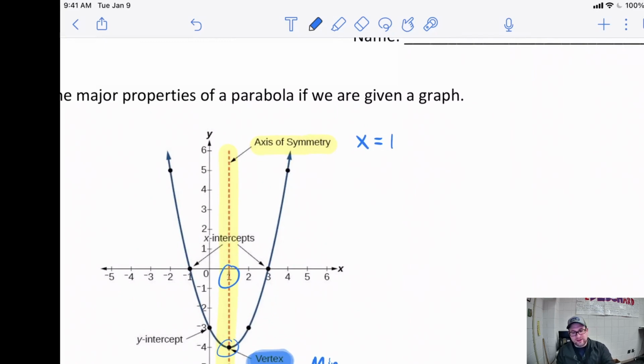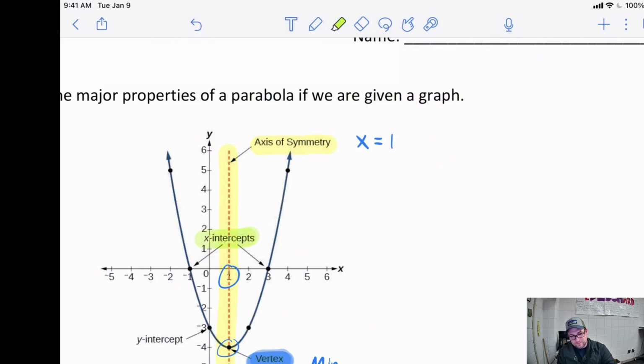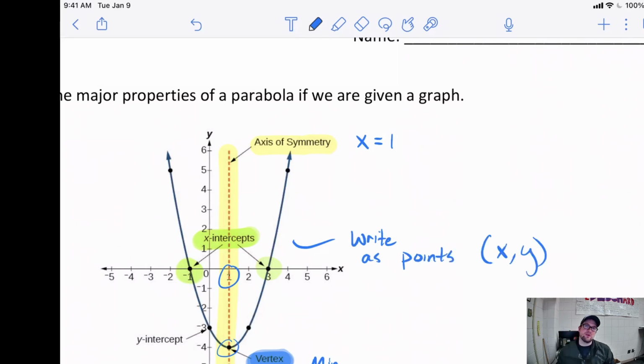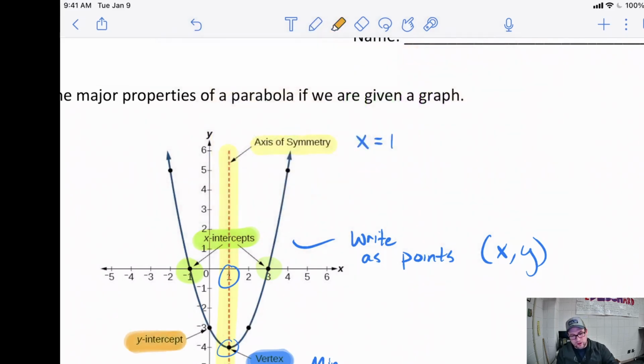What other pieces do we have to consider? So the other pieces that I see here that are worth noting are the x-intercepts that we can see listed right here and here. Anytime you're talking about x-intercepts, you want to write these as points as well. And let's even give you a reminder, x comma y. Anytime you write a point, it's always x comma y. And then along with the x-intercept, we also have the y-intercept.